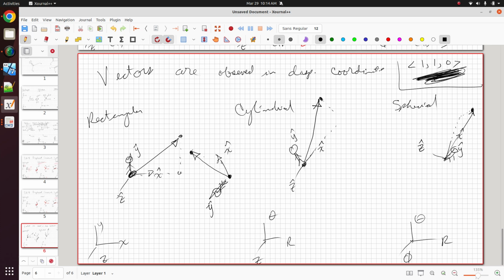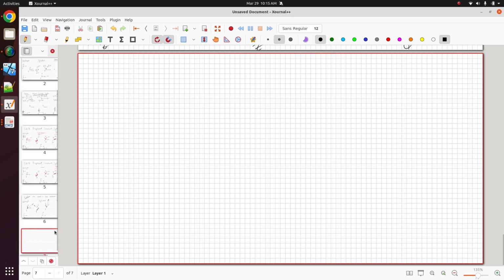So this is the vector. So you can see that depending on where the point is in space, that vector might be oriented a little differently. So keep that in mind when you're working with vectors. So now let's go ahead and talk about orientation vectors.